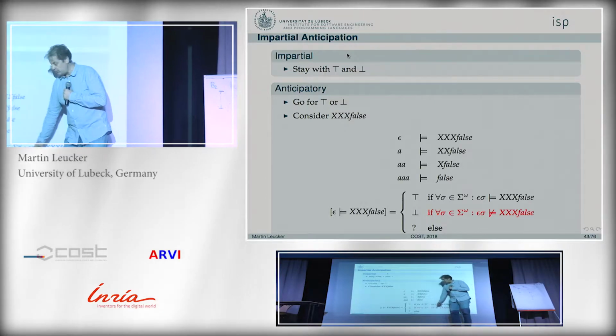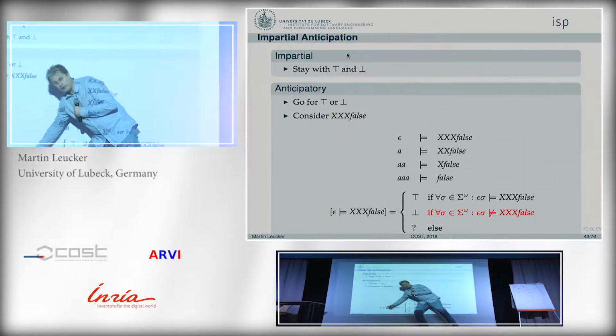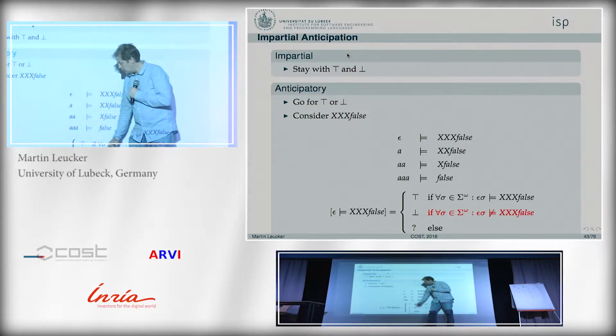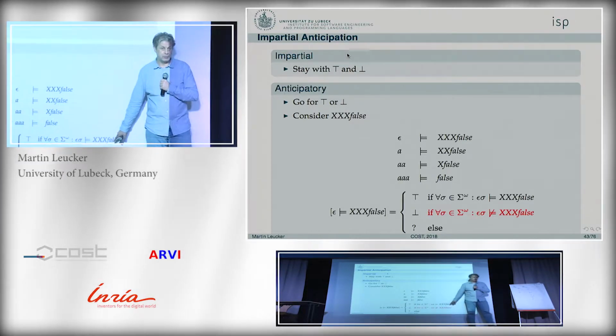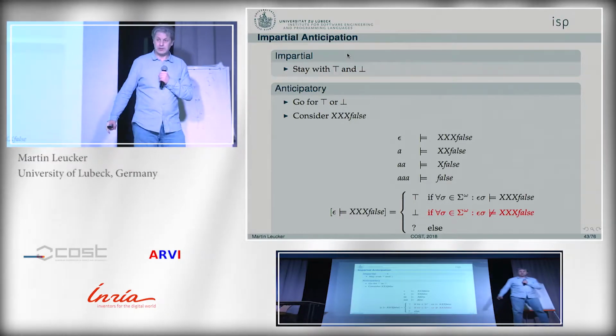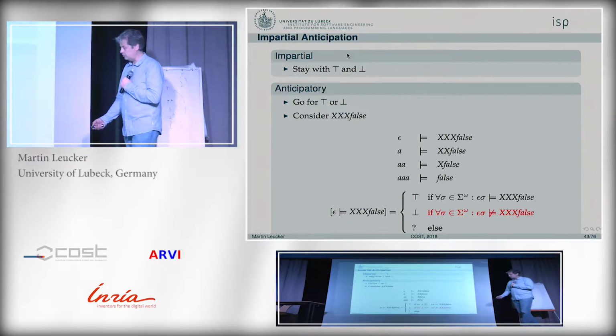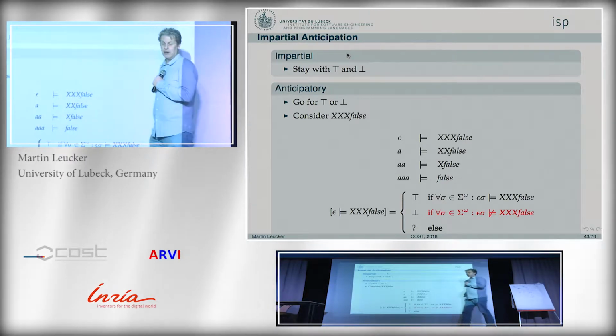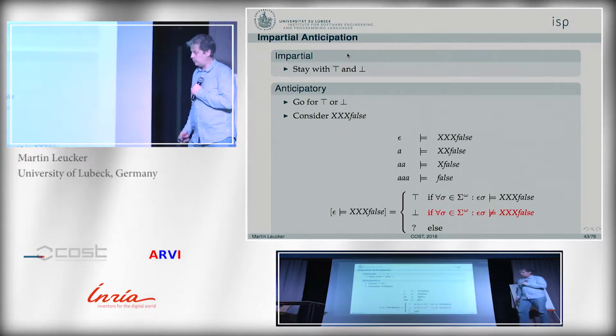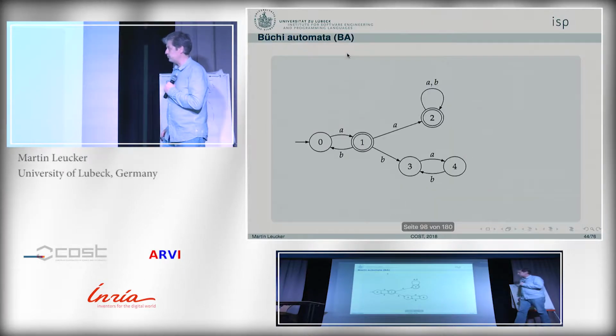While when we consider the anticipatory semantics right from the beginning, even before we have started monitoring, we know that whatever we will see, it will violate the property, because this property is not even satisfiable, so we will return false immediately.